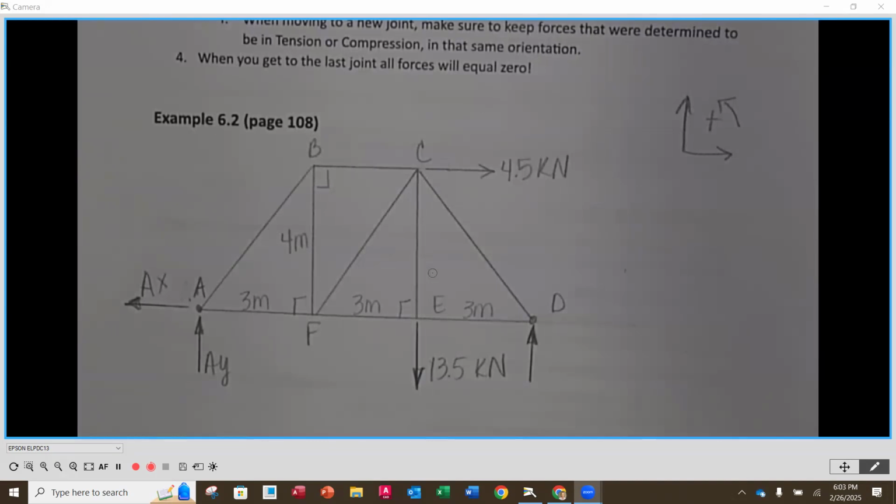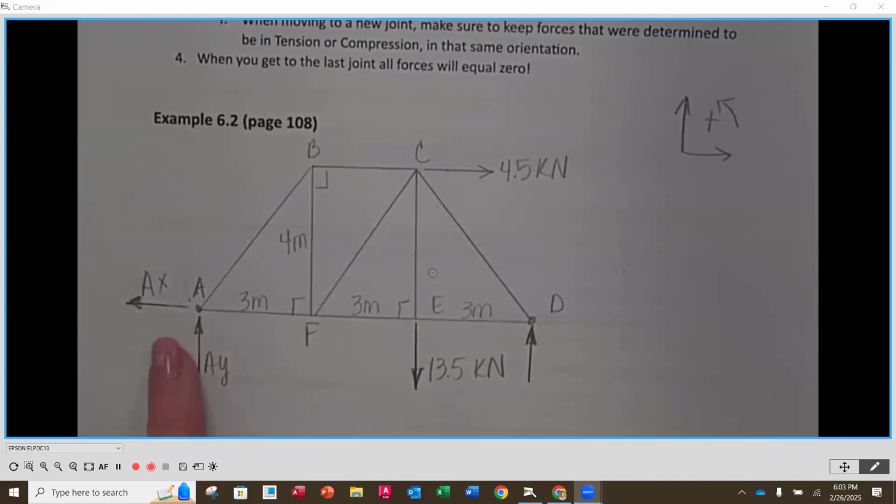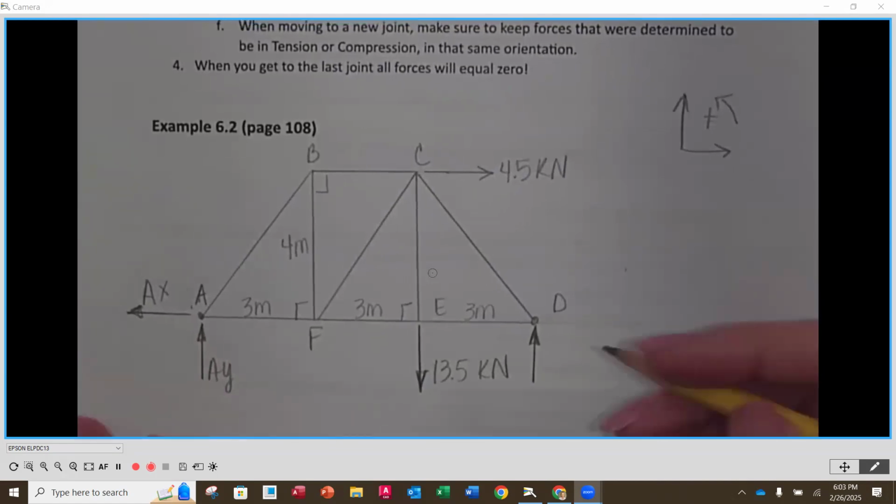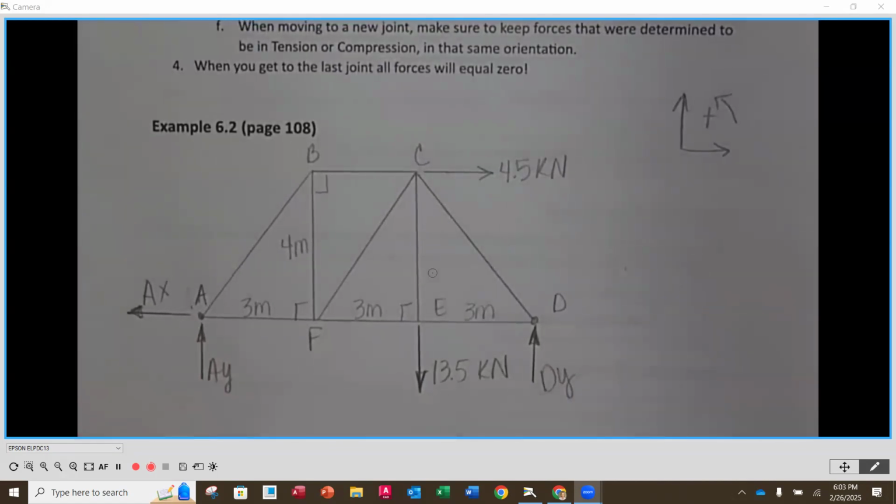The two supports were the pin and the roller. So we're going to be finding what are the values of AX, AY, and, oopsie, I forgot to label this one, DY. Okay. So if you wanted to go ahead, you're like, I'm totally an equilibrium expert, I can totally do that, go ahead. But I'll just wait for everybody to get this drawn. Don't want to move ahead too quickly, and then we'll get started in about 30 seconds.